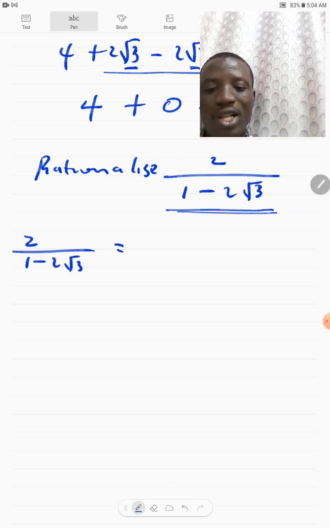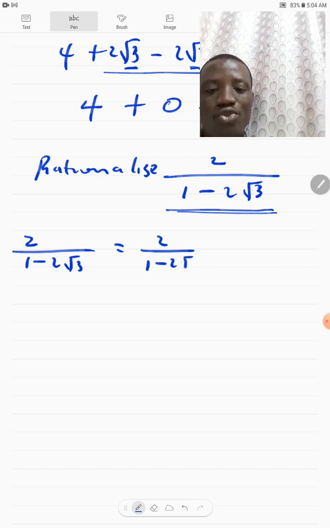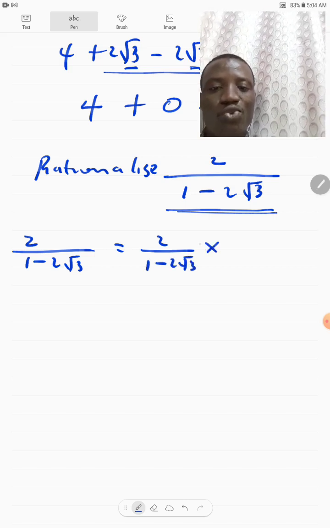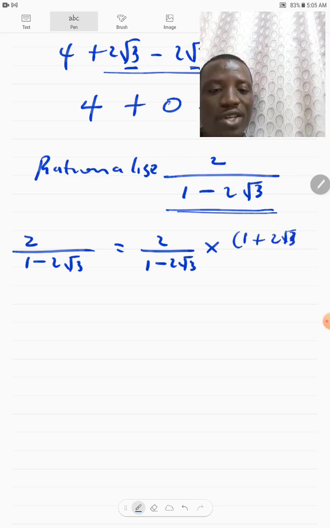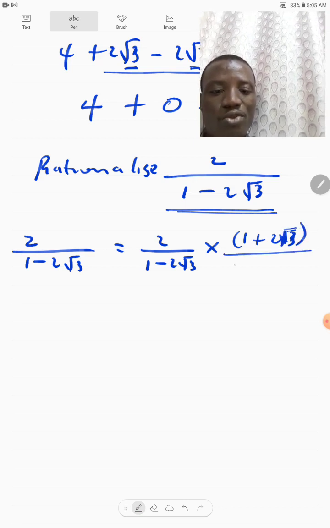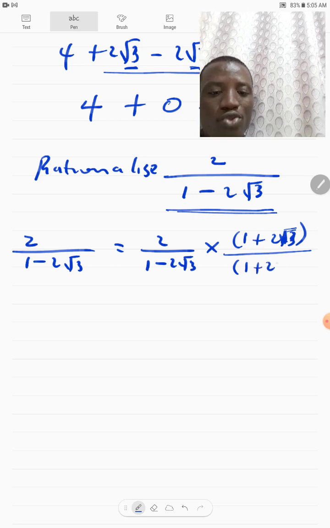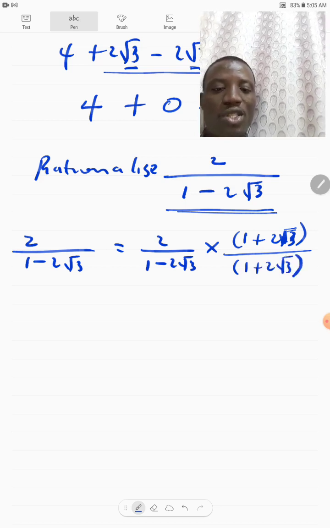So to rationalize this, we do it with numerator and denominator. The conjugate is 1 plus 2 root 3. It will only be different in sign, and this will also be 1 plus 2 root 3.